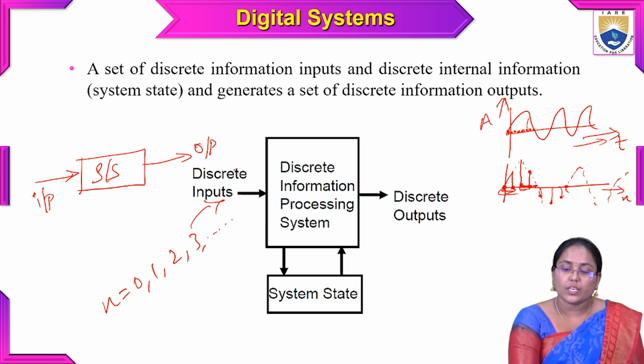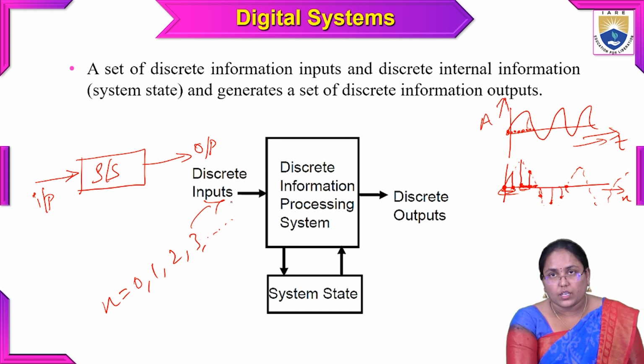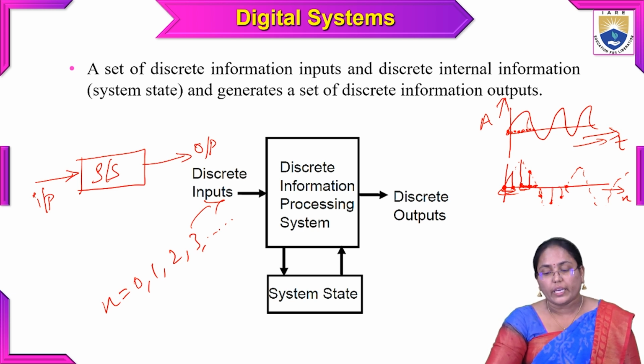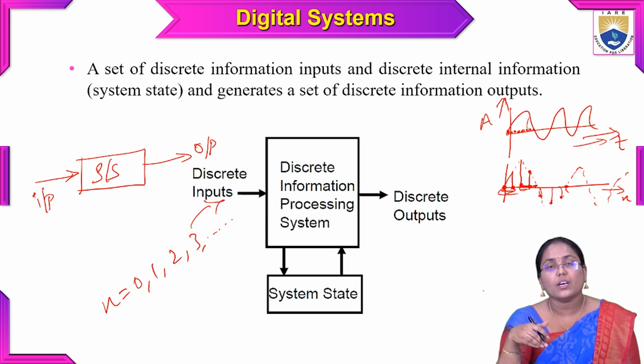Likewise, in this digital system, if the input is discrete, definitely the processing system also should be a discrete information processing system only. Because if you use a continuous information processing system, the output will be considered only for some discrete information, not for all the samples.